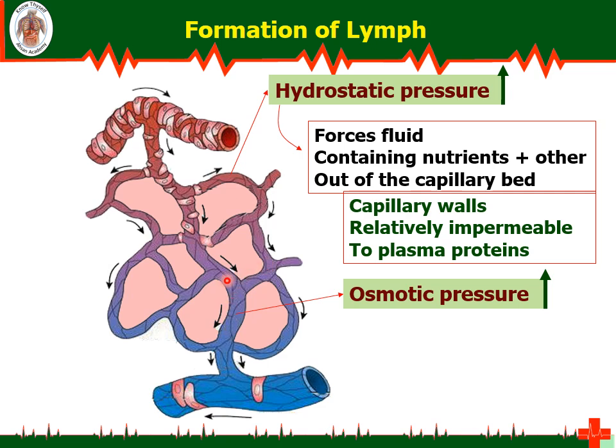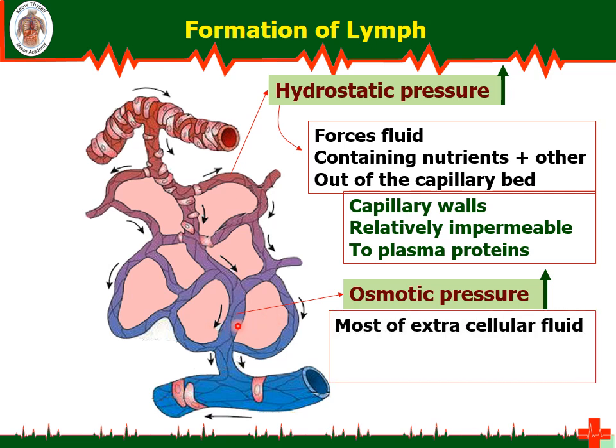So at the distal part, when the capillary blood enters the venous end of the capillary, the osmotic pressure remains more. The fluid that came out of the capillary and remained in the interstitial fluid is reabsorbed into the venous part of the capillary.